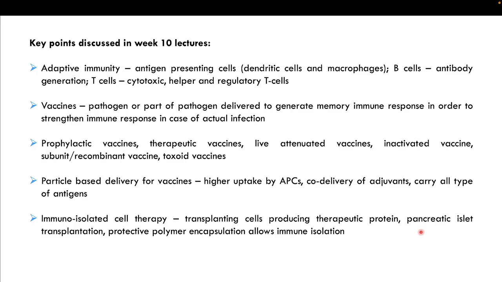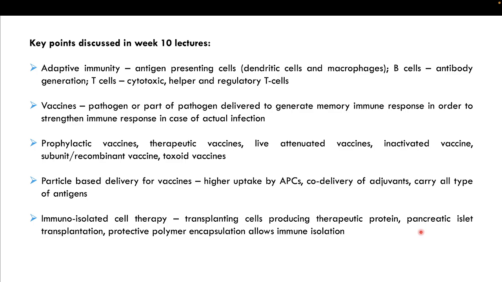It will create a barrier for your immune system. It will not let your macrophages, dendritic cells, neutrophils or the antibodies come near these beta cells. So by encapsulating these beta cells in a membrane, you have isolated this implant from the patient's immune system. That is why this is known as immunoisolated cell therapy.